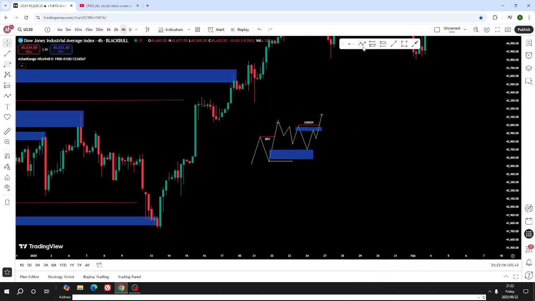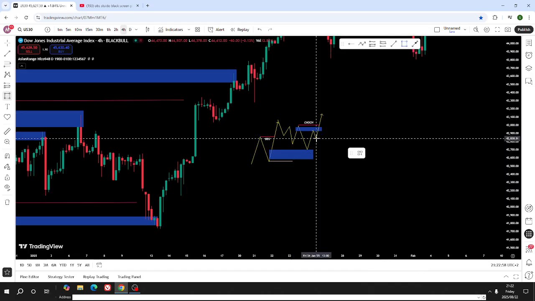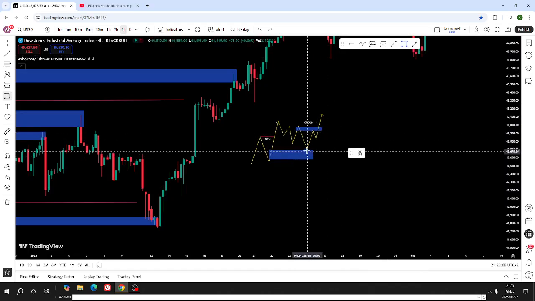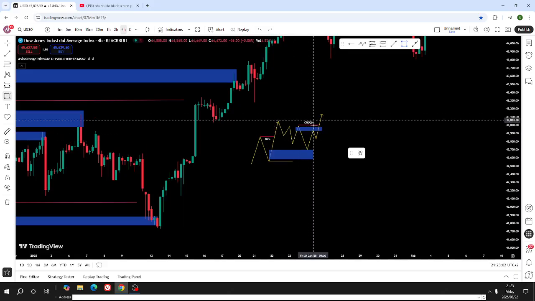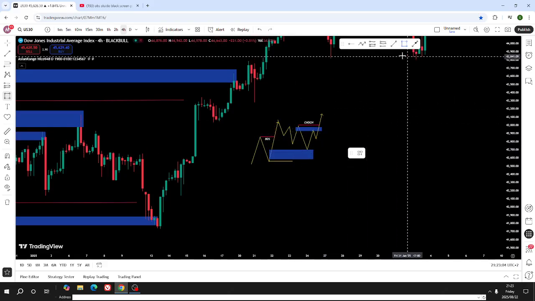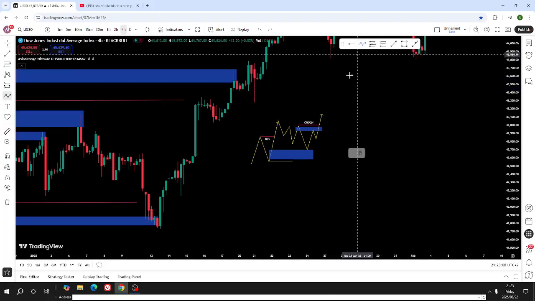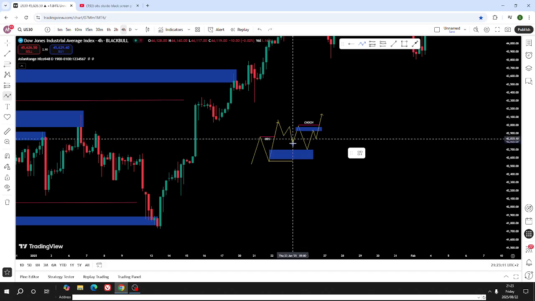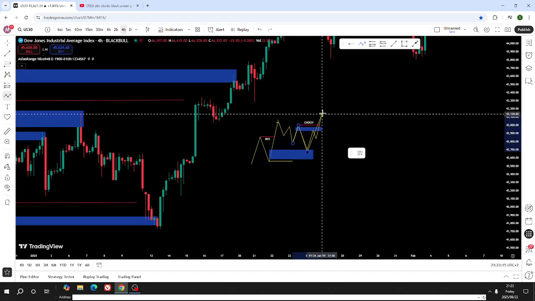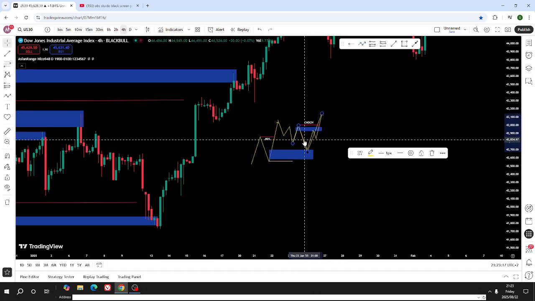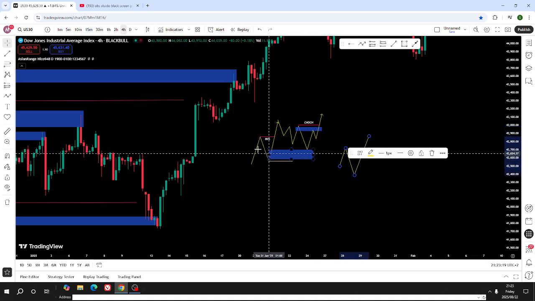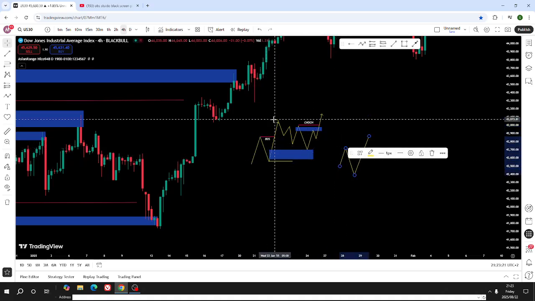So what else do we want? From here we know that, okay, if you can take a look at this sell, buy, sell, change of character, it is the same as this one. 1 2 3 is the same, right?